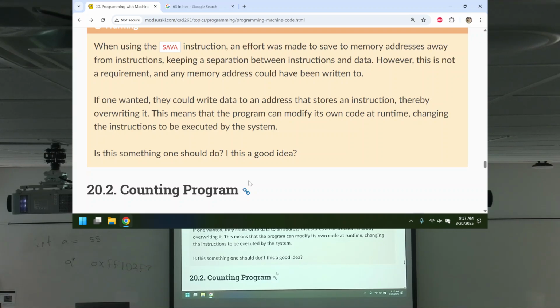If I have int star b equals the address, I could say, don't give me the memory address, go into b and put something there. I could say 7, and that would go to the memory address and put a 7 inside of it.